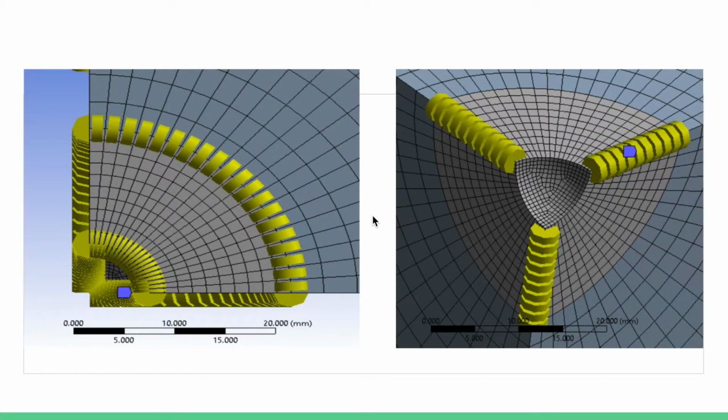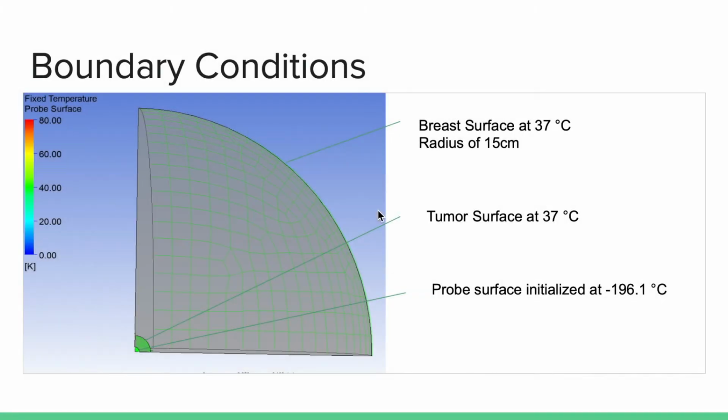Next, for the tumor and probe interface, we create a mesh system consisting of 20 points between the tumor and gland interface, and 20 points between the tumor and probe interface. Around the edges of the tumor, we created a mesh of 10 points, as you can see in our PowerPoint slide.